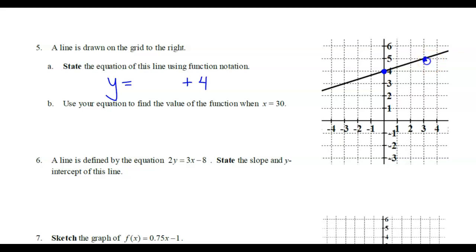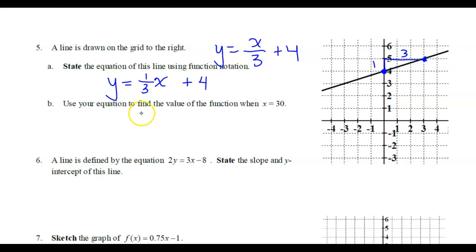So here is a nice one. I'm going to go up to the right, so up 1, right 3. So my slope is 1/3. Make sure that the x is not in the denominator. You could also write it as y equals x over 3 plus 4. Most times we show it as 1/3 because then it's obvious what the slope is.